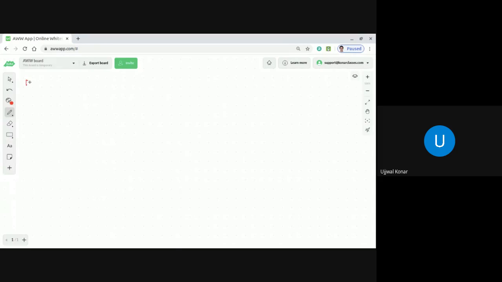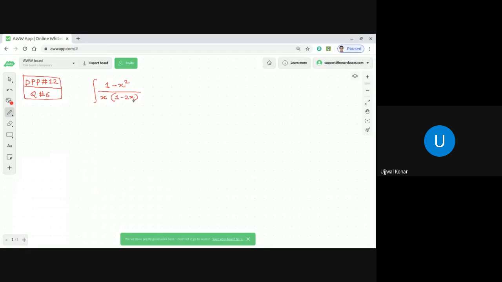So this is DPP number 12 and question number 6, correct? So here the integration is 1 minus x square divided by x into 1 minus 2x dx. Are all of you able to view the screen?